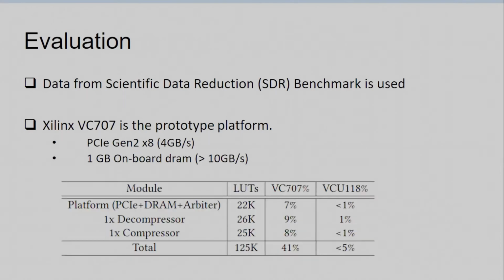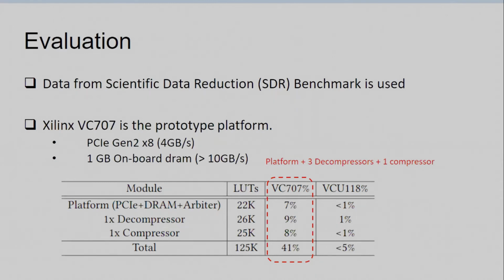Here we show BurstZ's resource utilization on chip. One combination is the platform plus 3 decompressors and 1 compressor. With VC707, the resource utilization of our BurstZ is less than 50%.